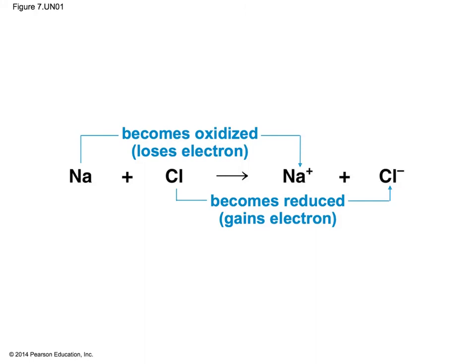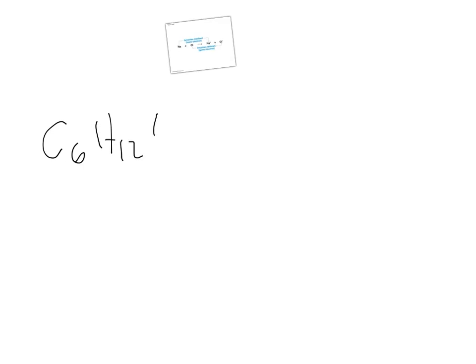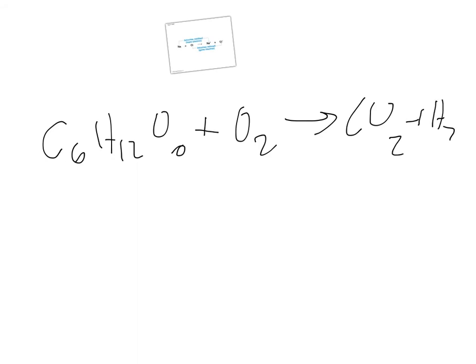If we look at an organic reaction such as C6H12O6 plus oxygen yields CO2 and H2O, if you follow the hydrogens, you follow where the electrons are going. So, C6H12O6 plus oxygen yields CO2 plus H2O.